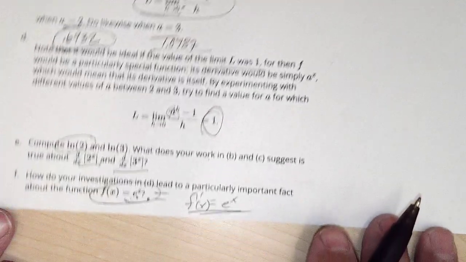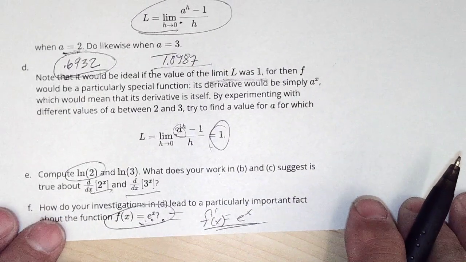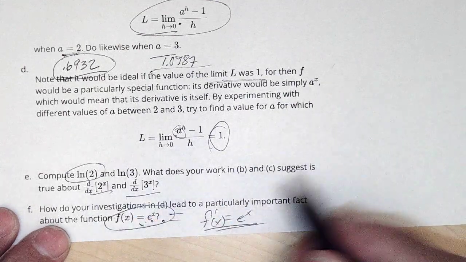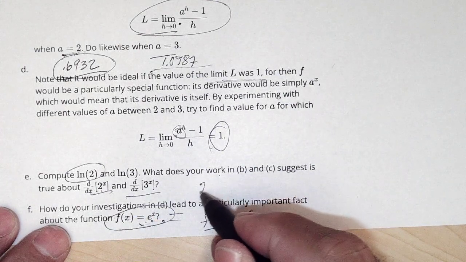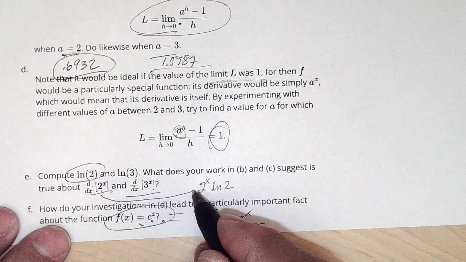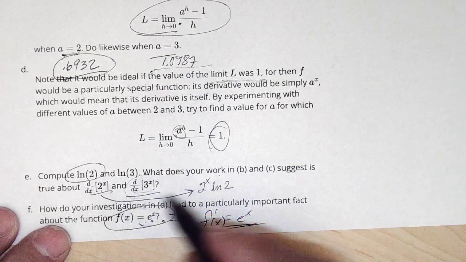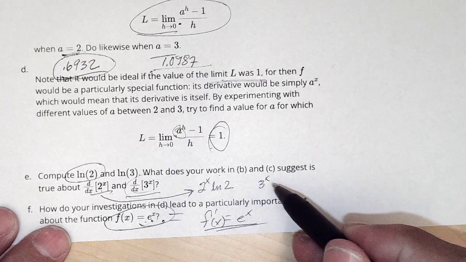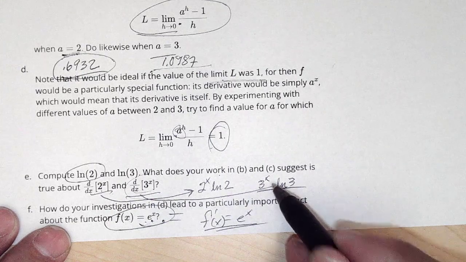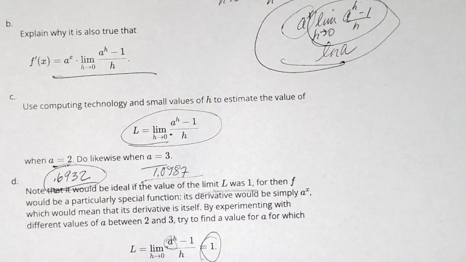And that has a lot of importance in growth factors and that sort of thing. So the derivative of this is 2 to the x ln 2, and the derivative of this is 3 to the x times ln 3. What we did on this one is kind of leading us to that result. All right.